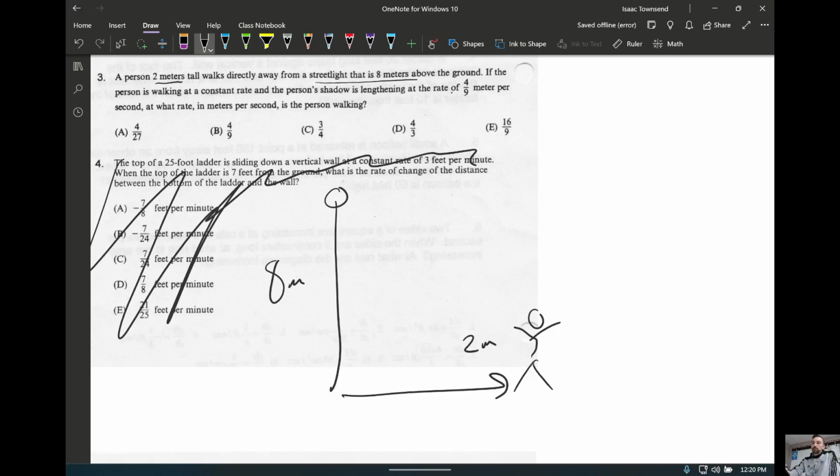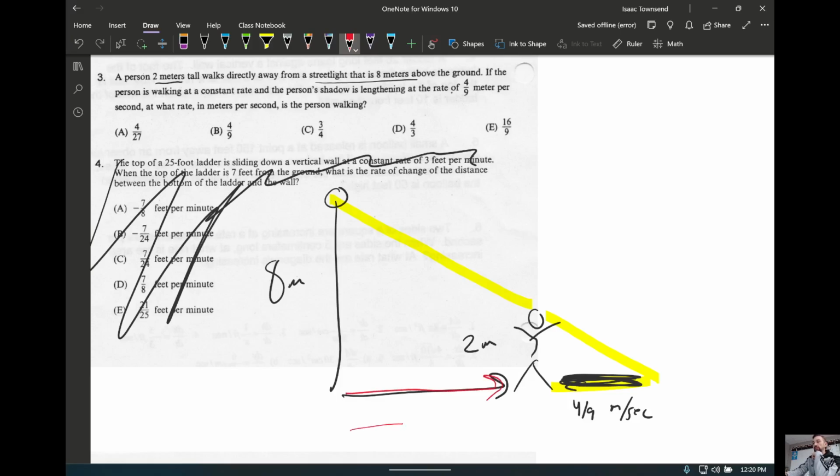If the person is walking at a constant rate, and the person's shadow, so when the light hits his head, this creates a shadow, is increasing at 4/9 meters per second, how many meters per second is the person walking?